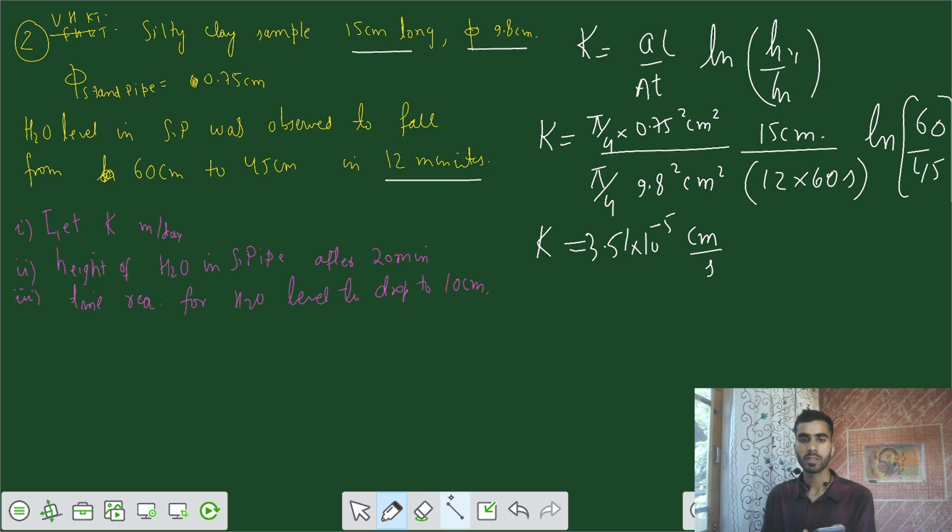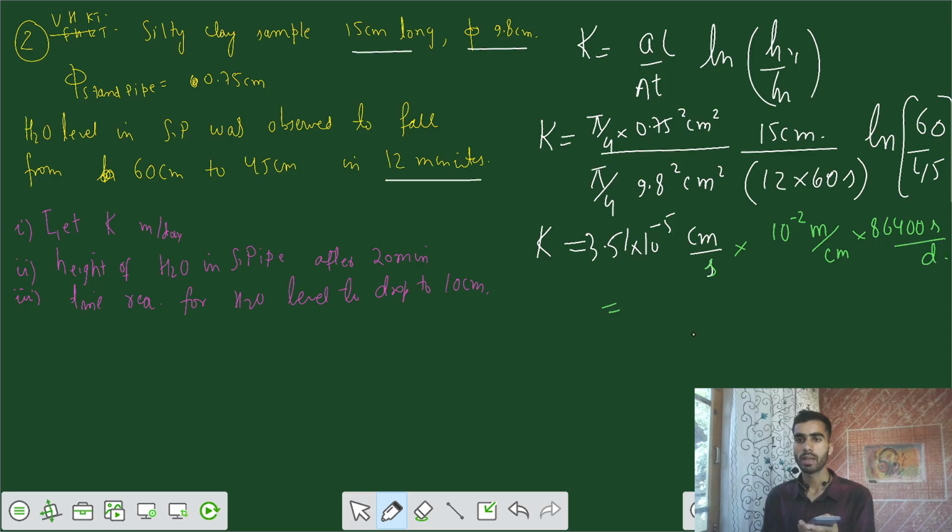And in terms of meters per day, I would write how many meters we have in 1 centimeter: 1 by 100, or 10 to the power minus 2 meters in 1 centimeter. And we have this in seconds. How many seconds are there in 1 day? We have 86400 seconds per day.